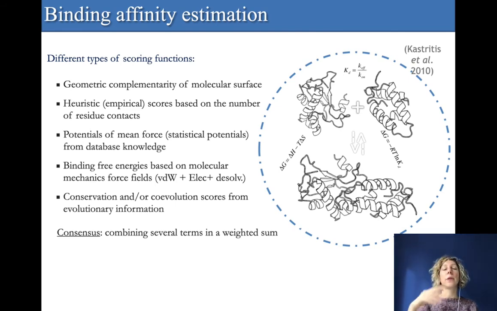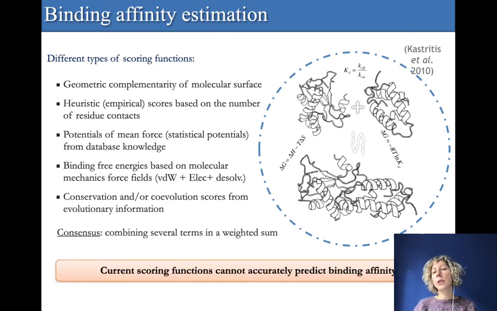You can have a physics-based function, very similar to the force fields that we saw, using terms that represent the van der Waals interactions, the electrostatic interaction, a desolvation term, etc. And you can also import some conservation or coevolution scores that are derived from the analysis of the sequences. And of course, you can combine these things to have a consensus method.